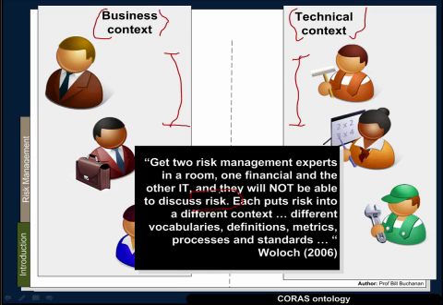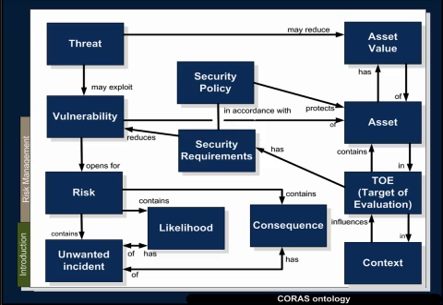So it's important that we lay down the basic vocabulary that we should use, and define the definitions, processes, metrics and standards. CORAS, which was a research project in the EU, defined a basic ontology for a threat. In this case, a threat may reduce the value of an asset in a target of interest in a context.